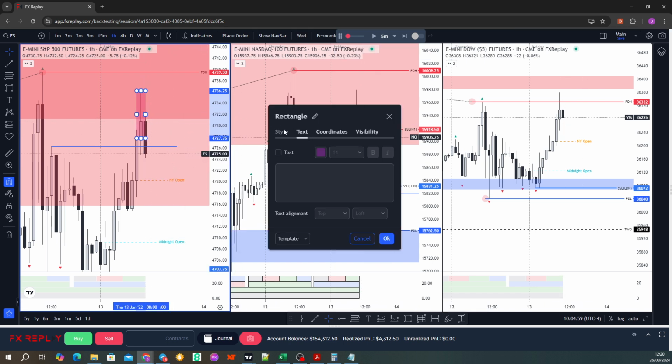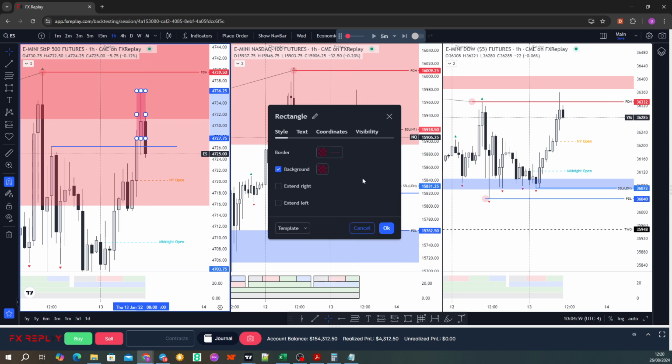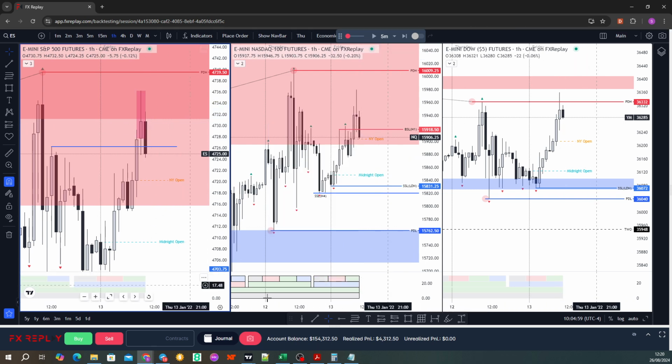Manipulation. Yeah, that'll do. Okay, so we've got H1 position swing point.